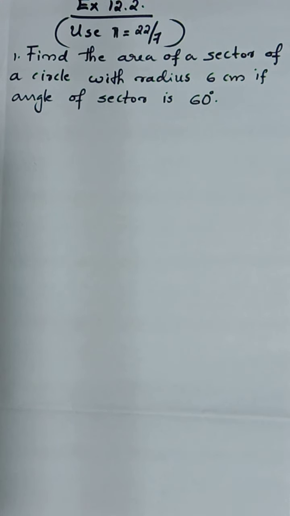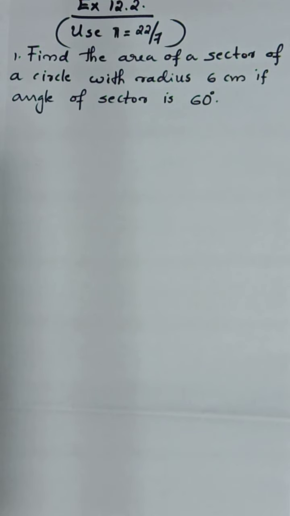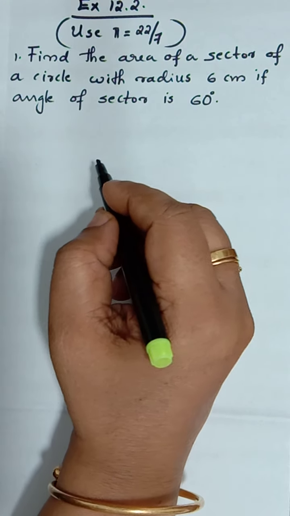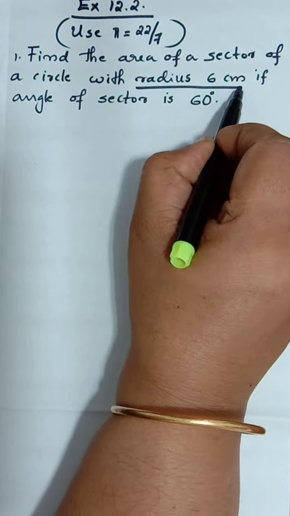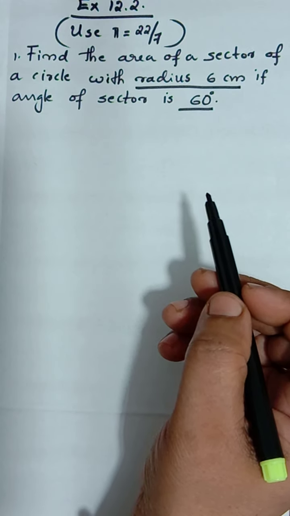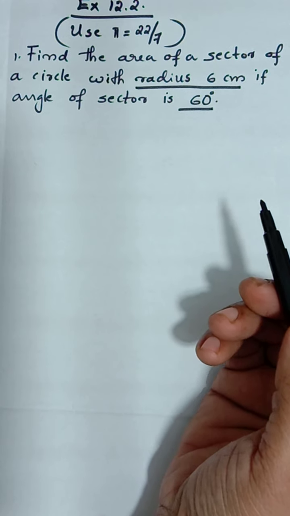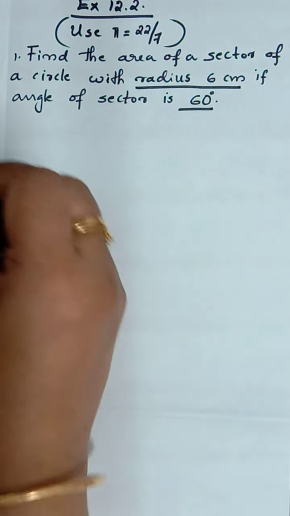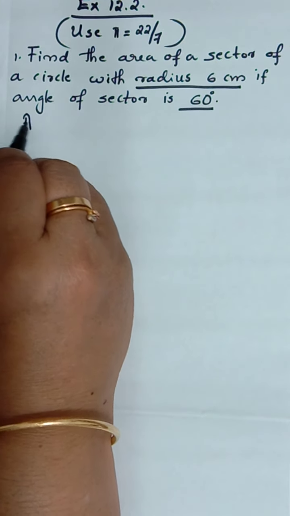Now we start with our exercise 12.2. First question, simple question. Find the area of sector of a circle with a radius 6 cm. R is given as 6 cm. Angle of sector is 60 degree. So always we don't need to draw the figure. Here we can directly write the steps.